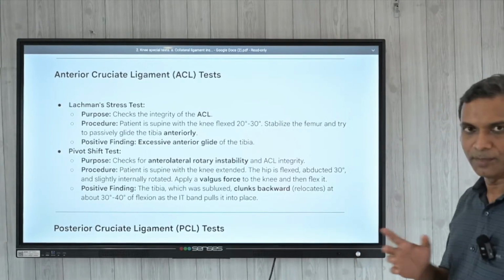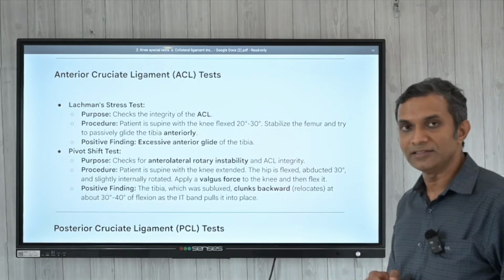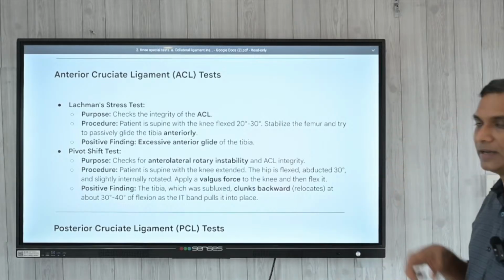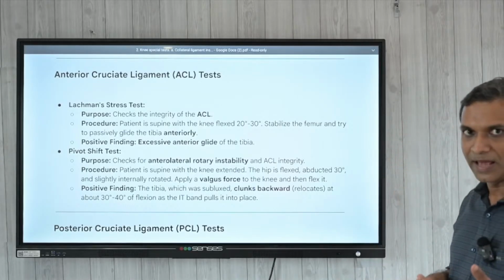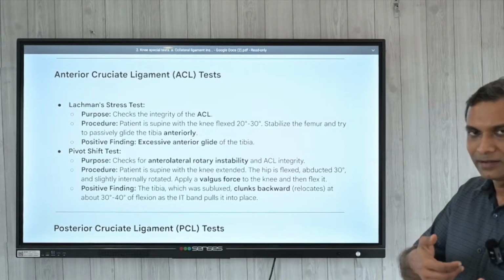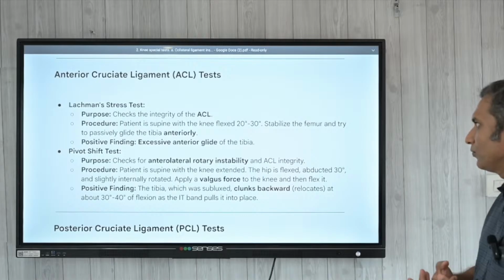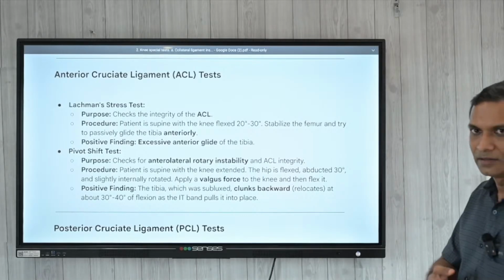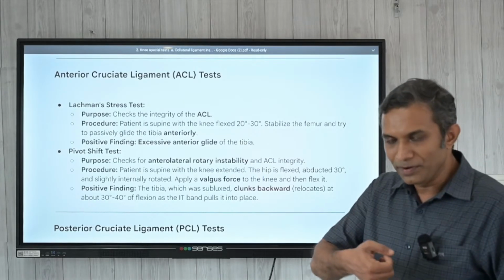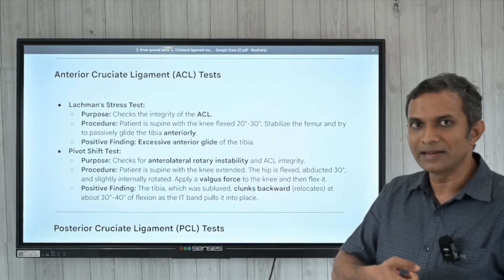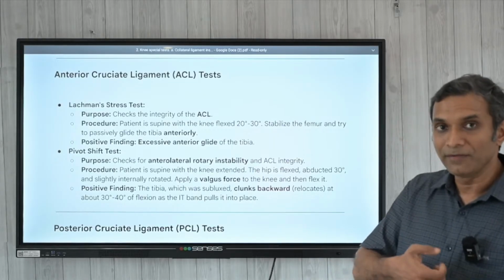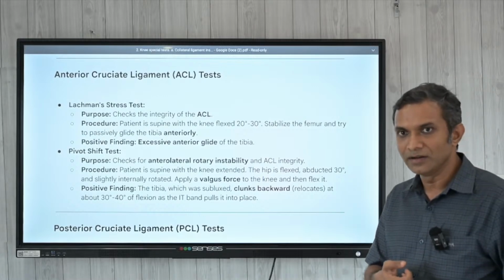Here also the patient is in supine and the knee joint is flexed 20 to 30 degrees. The therapist stabilizes the femur, and we know that the main purpose of the anterior cruciate ligament is to prevent excessive anterior translation of the tibia.